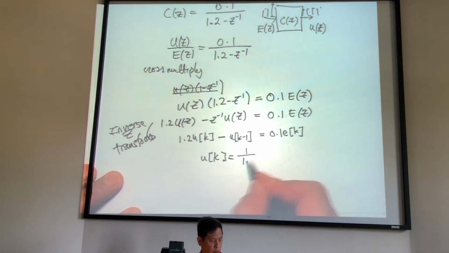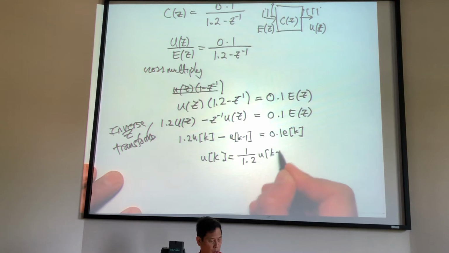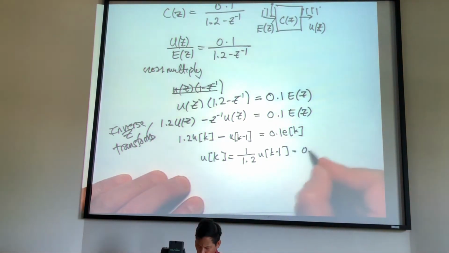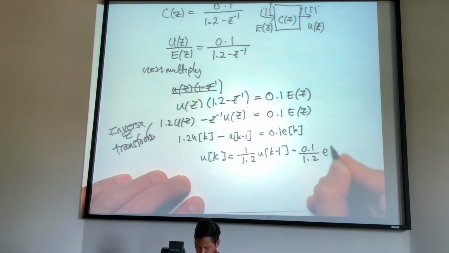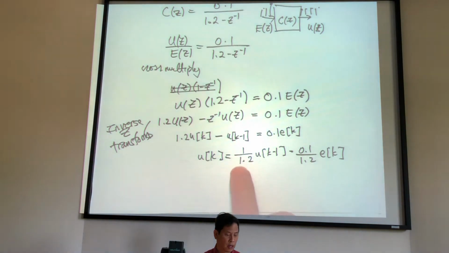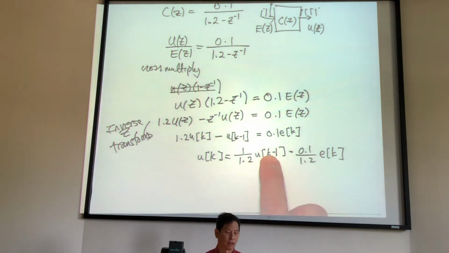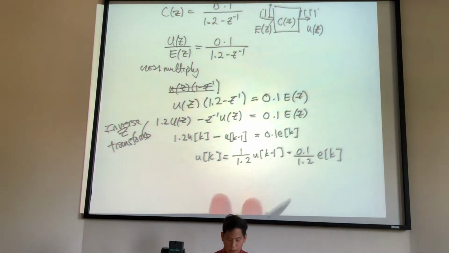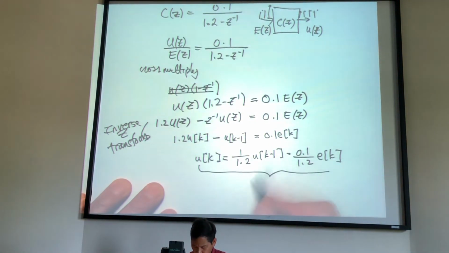1 over 1.2 U of k minus 1 minus 0.1 divided by 1.2 E of k. My next effort should be this amount of the past effort minus this amount of the error out of my controller. So now this is what we call a difference equation.